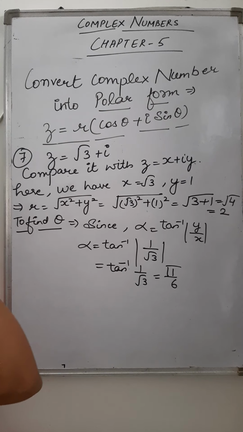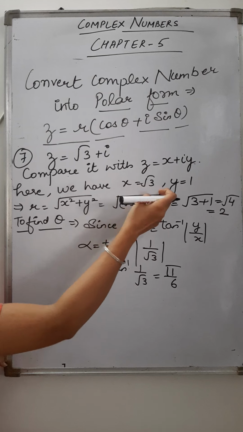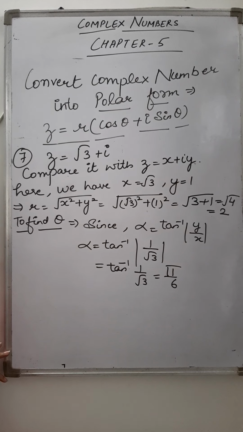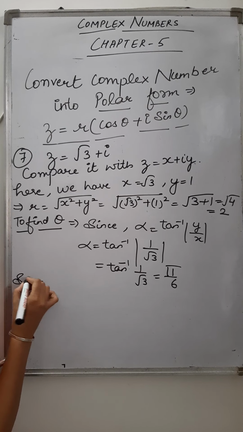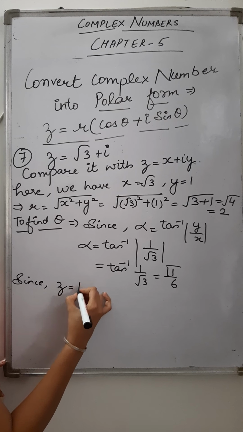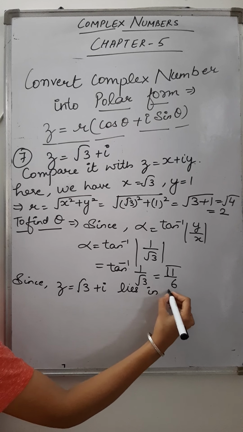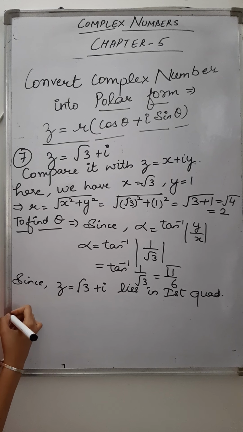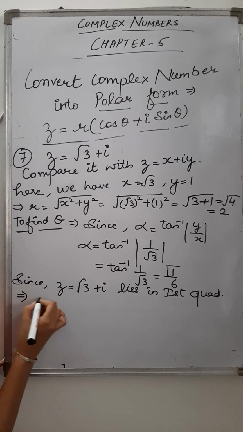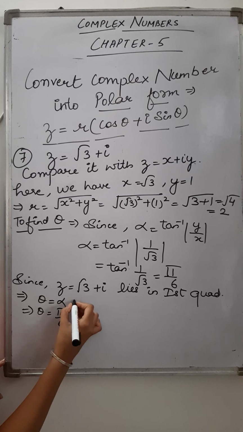Now check in which quadrant the complex number lies. Here both x and y are positive, so the complex number lies in the first quadrant. Since z is equal to root 3 plus iota lies in the first quadrant, this implies theta is equal to alpha, which implies theta is equal to pi upon 6.